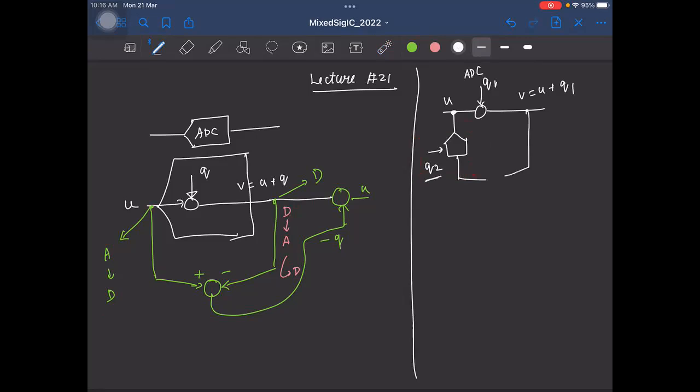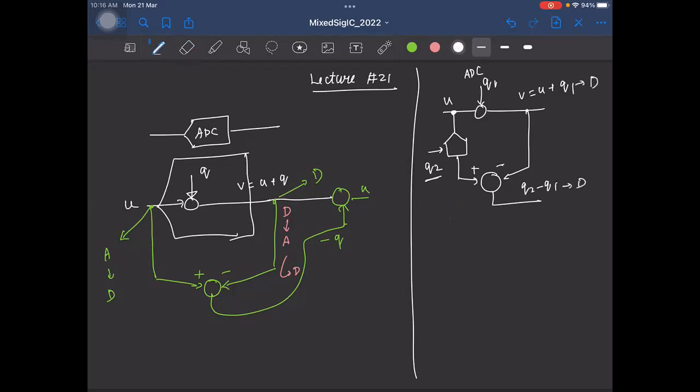So the moment I do the subtraction, what will be the output I get here? Okay. You get Q2 minus Q1. Is that fine? Okay, so this is in digital domain.